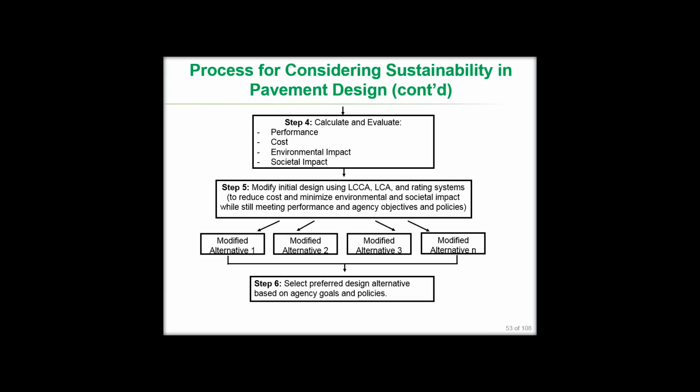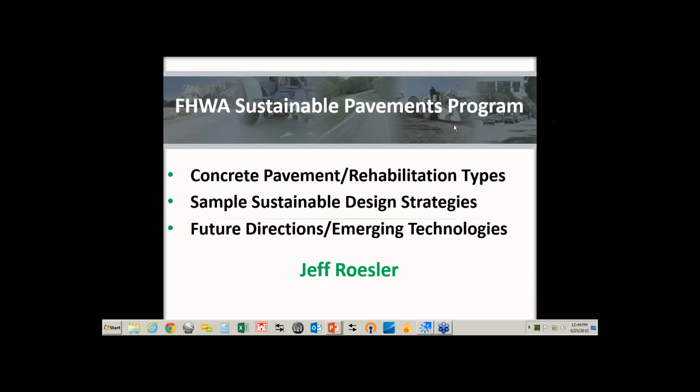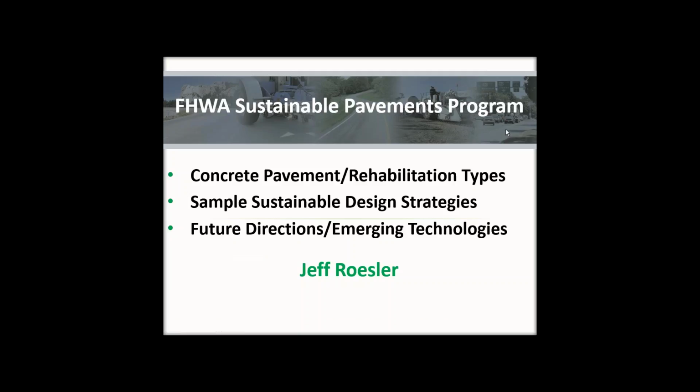At that point, we have a number of optimized alternatives, and then the agency should select those based on their criteria. So that's an overview of basic approach to considering environmental sustainability in pavement design and a couple examples. And with that, we'll hand it over to Jeff Raisler to follow up.